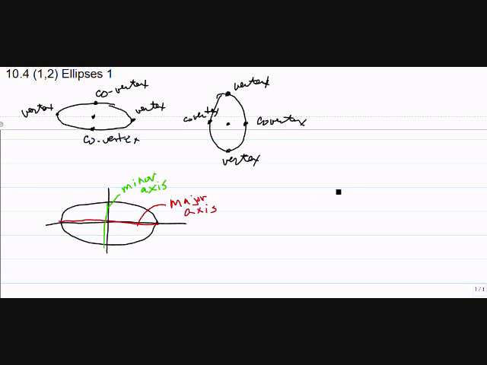So if I have oriented my ellipse vertically, then the major axis goes through the long part, and the minor axis goes through the short part.